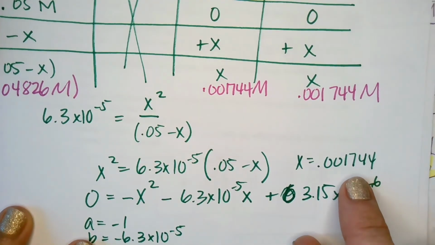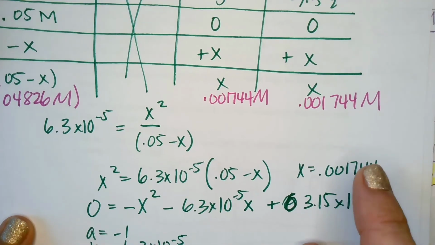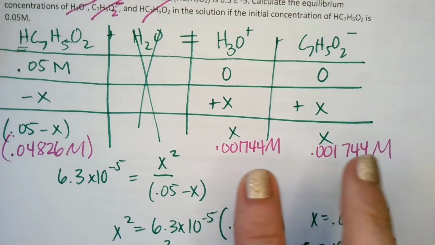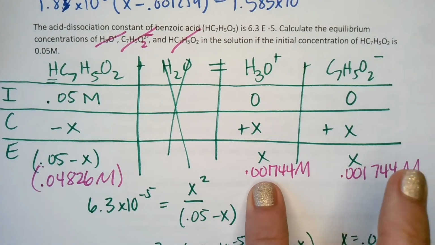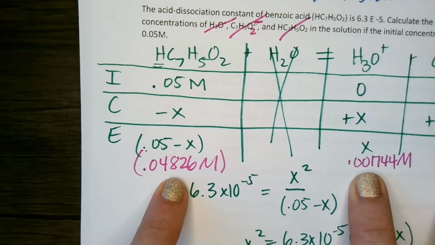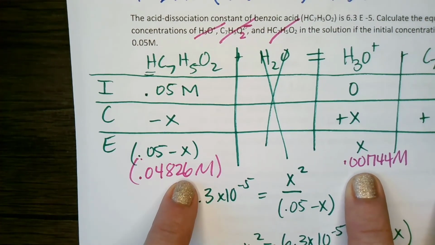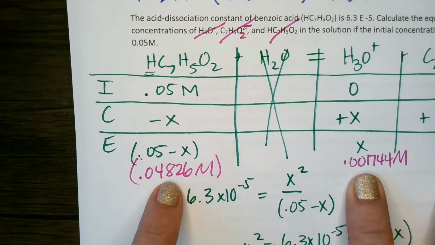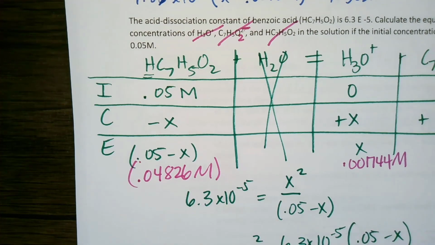So we do our A, our B, and our C. One of the X's doesn't make sense. We can't have a negative concentration. So we found our X, which is the concentration of our hydronium and our conjugate base. And then plugged our X into here and did 0.05 minus X to find our equilibrium concentration of benzoic acid.